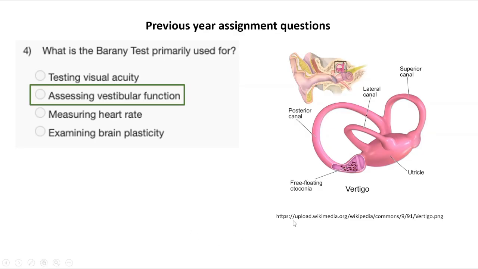So, these are the semicircular canals of the vestibular system, and this is the utricle. The canals are responsible for detecting rotational motion, whereas the utricle and there is another part, I'm currently forgetting that, are responsible for detecting linear motion.